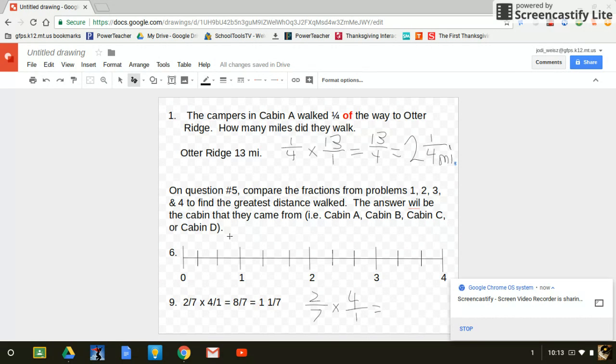For number 6, it says show 2/3 of 4 on the number line. I have this number line broken down already, and of course I have it in 1/3, 2/3, 3/3 equals 1 whole. So I'm going to have to do 2/3 4 times. I'm going to start right here and circle.